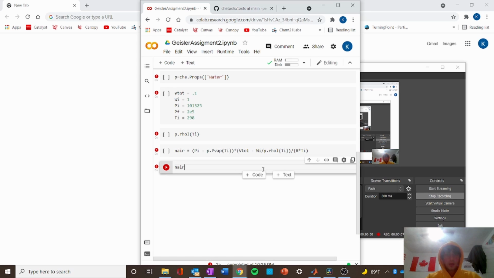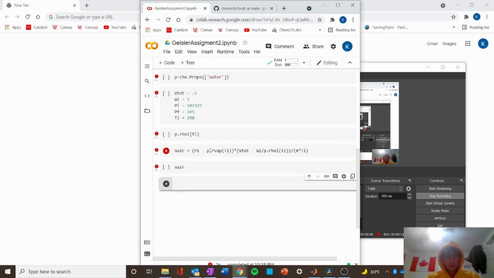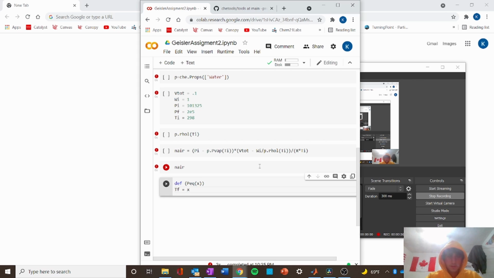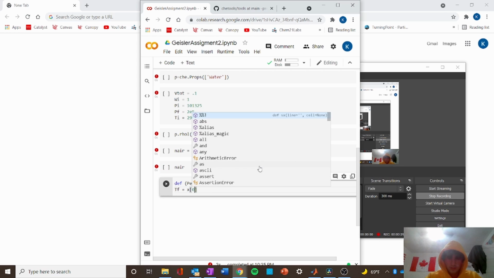After we have our equation in here for PV equals nRT, we're going to go into our def PEQ of X. This is going to give us a chance to input our values once again. Our temperature final is going to be equal to X of 0.